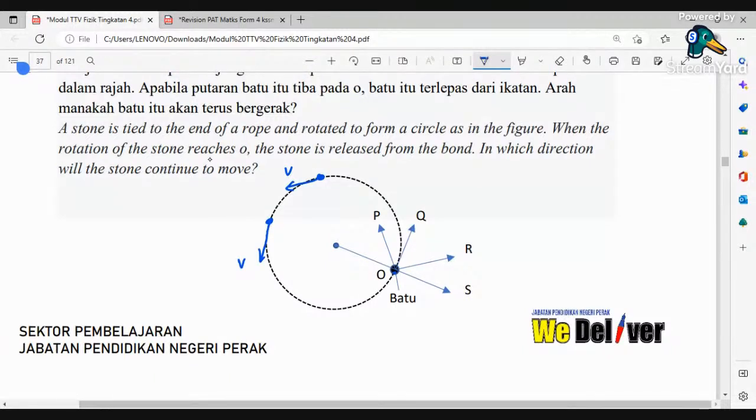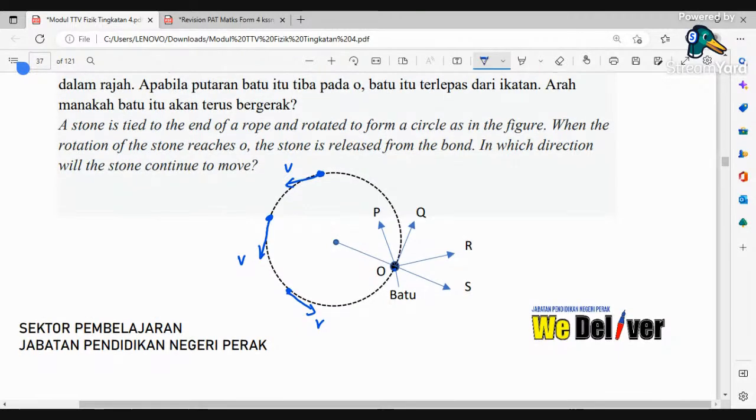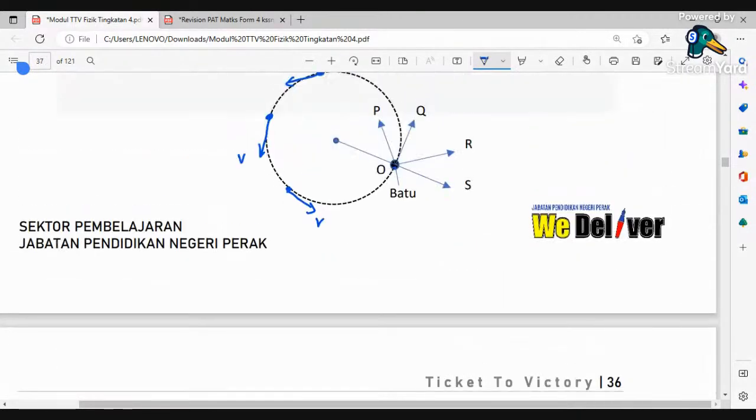It is always tangent to the circle. So when the stone is released, due to the effect of inertia, it will continue to move in the same direction, which is tangent to the circle. So it should follow the direction of Q, which is tangent. So the answer is B.